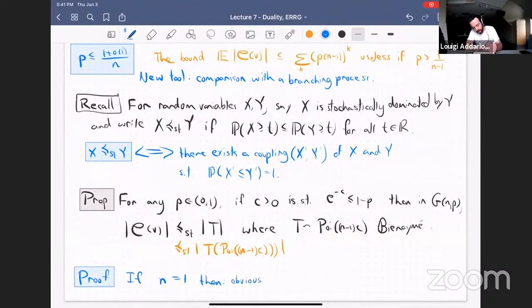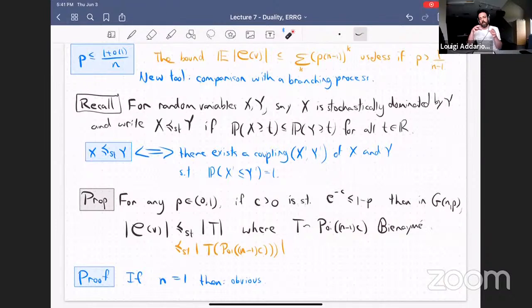It might seem a little bit weird that I can prove something like this by induction, but the point is that on the right-hand side, I'll start by looking at the neighbors of the vertex v, a bit like in the previous neighborhood exploration, and I'll want that to be stochastically smaller than some Poisson random variable.